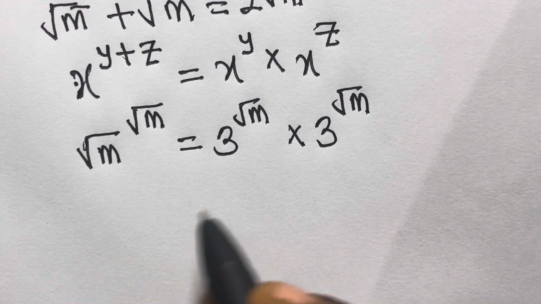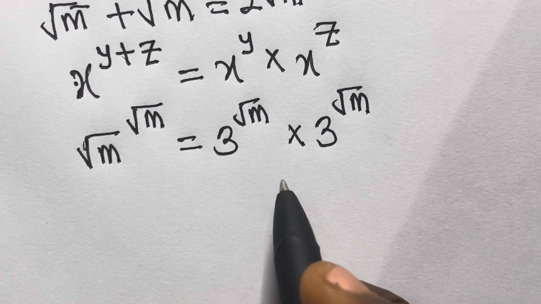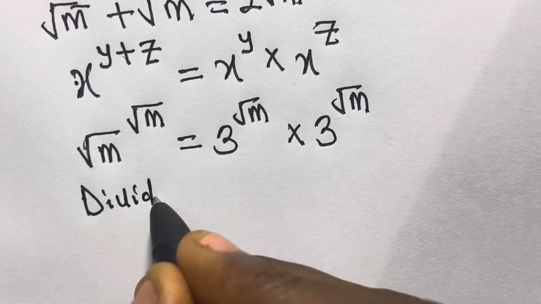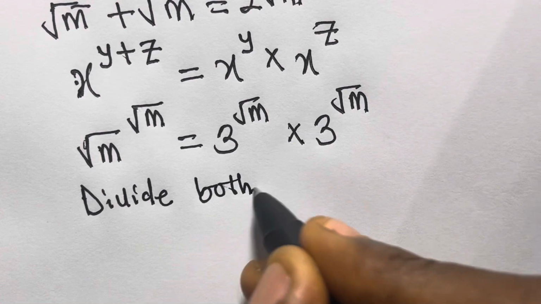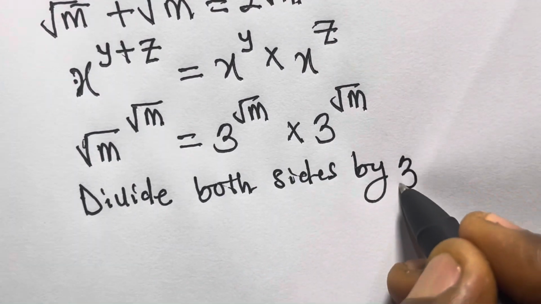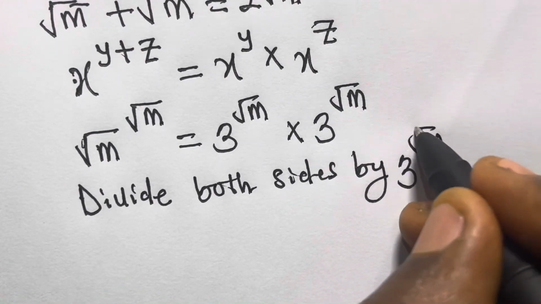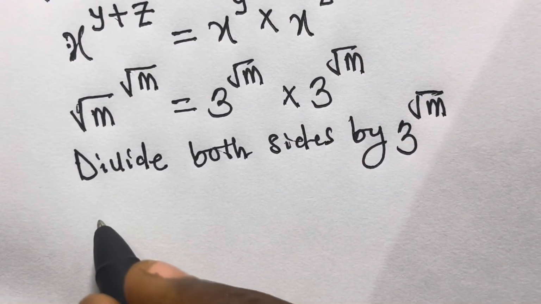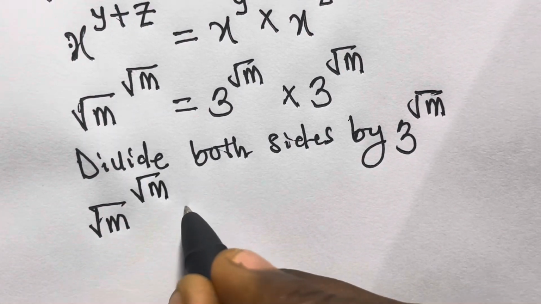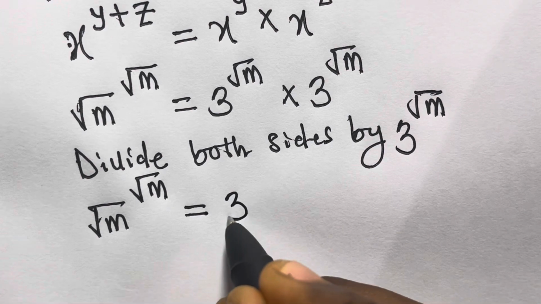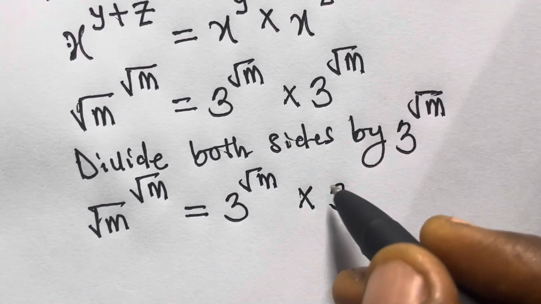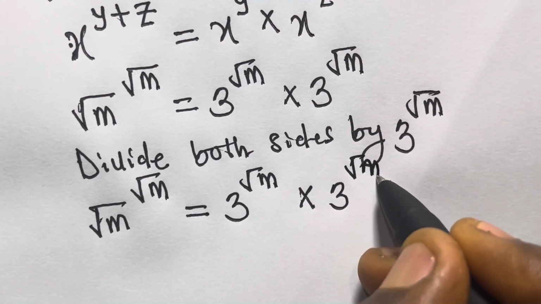So if we divide both sides by 3 raised to power square root of m, we'll have square root of m raised to power square root of m equals 3 raised to power square root of m multiplied by 3 raised to power square root of m.